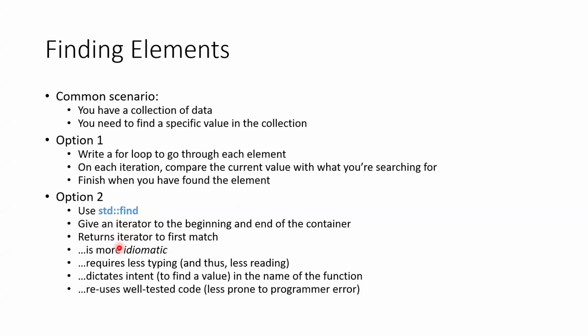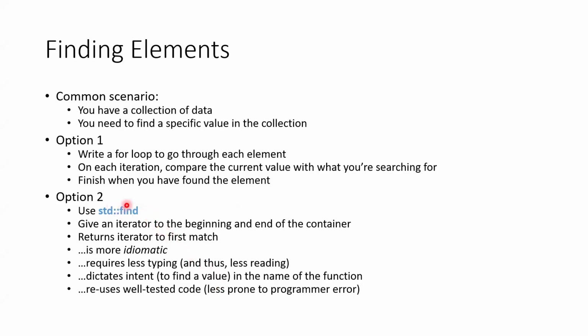This takes in an iterator to the beginning and end of the container. It returns the iterator to the first match and it exits. So we prefer the second option over the first because it's less typing and it's easier to understand the intent, so that you don't have to read through an entire for loop and realize, oh, you're finding something in this container.